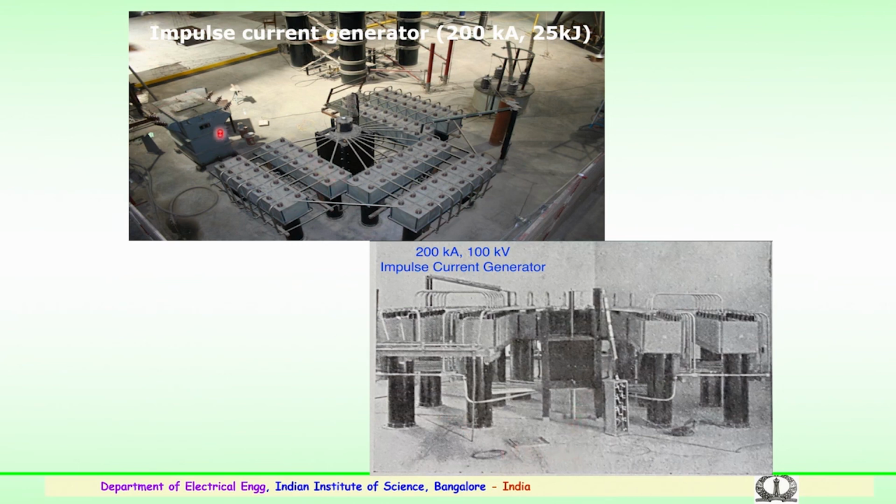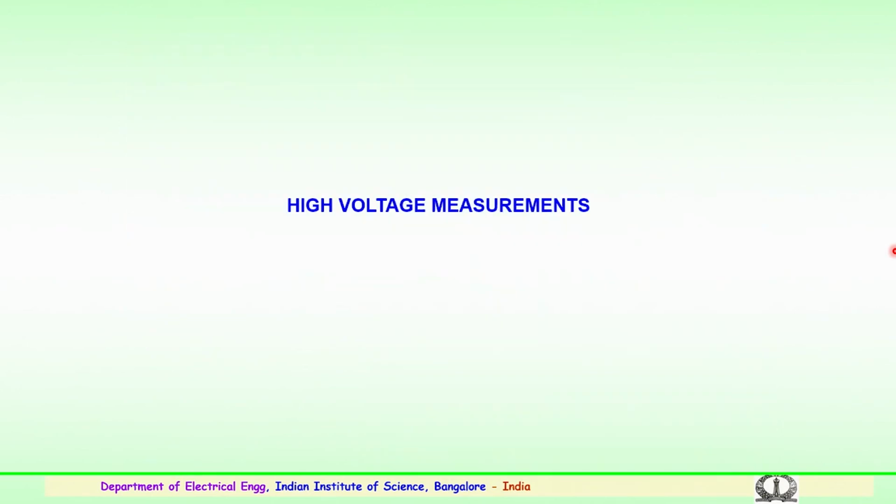This is again an impulse current generator with a different view, available in the laboratory, with a rating of 200 kiloamps and 25 kilojoules. It is very important for the testing of lightning currents for surge arresters, lightning arresters, calibration of Rogowski coils, and many more works.